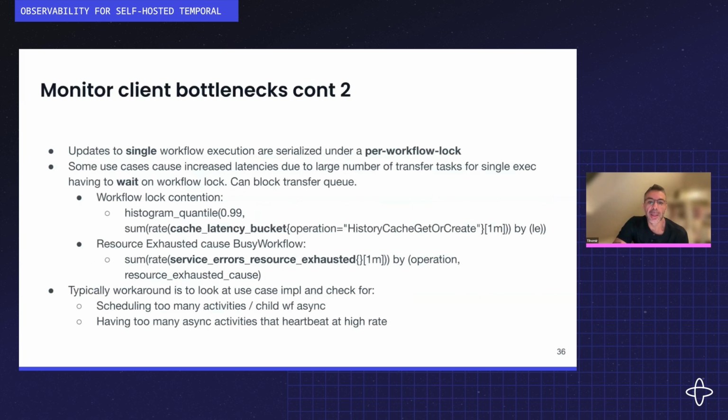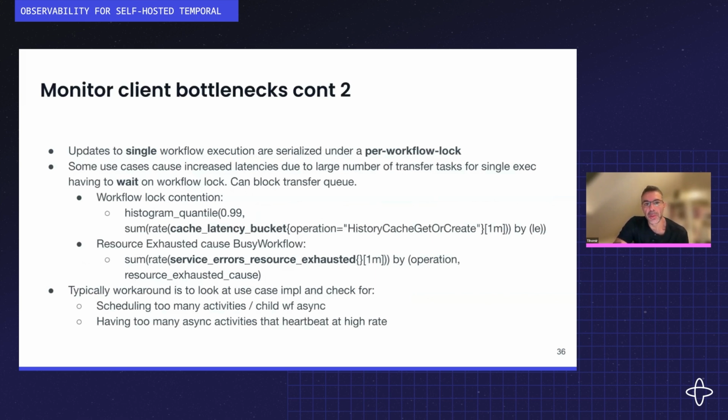Okay, so the second thing where we want to monitor client, quote unquote, bottlenecks is what we call the per workflow lock. Updates to a single workflow execution, like recording signals, any sort of update that we talked about, are going to be serialized under the per workflow lock.